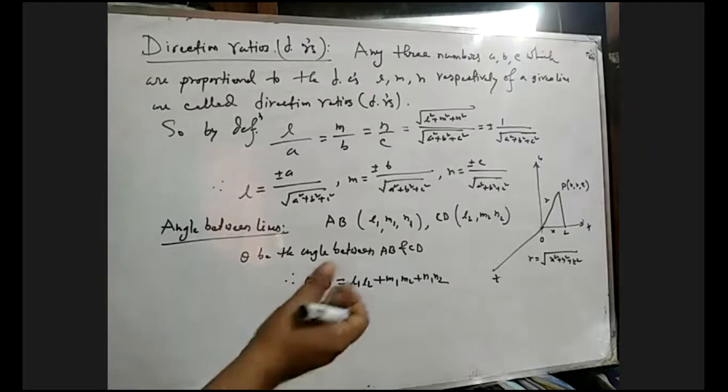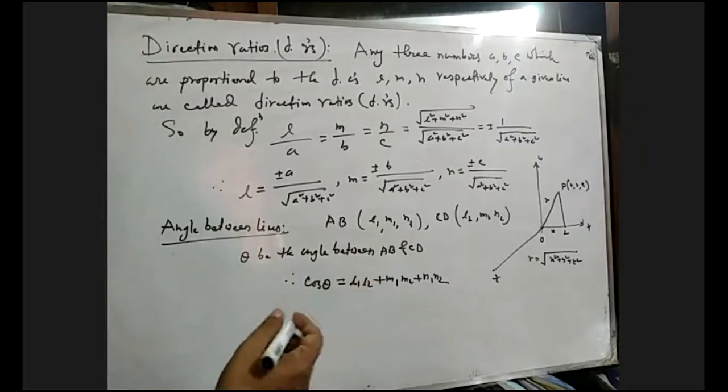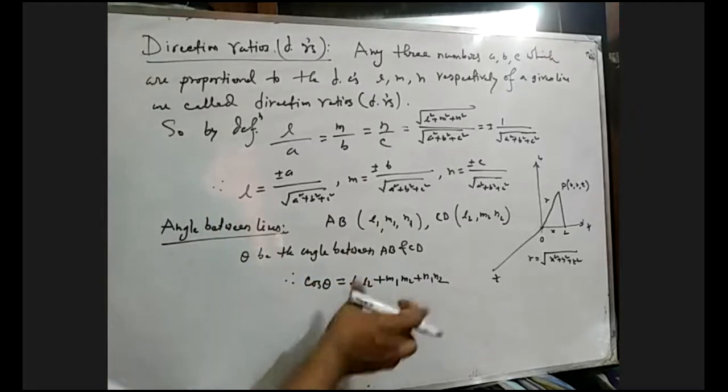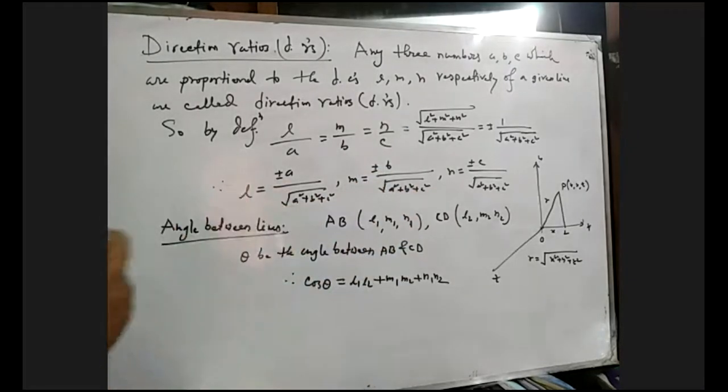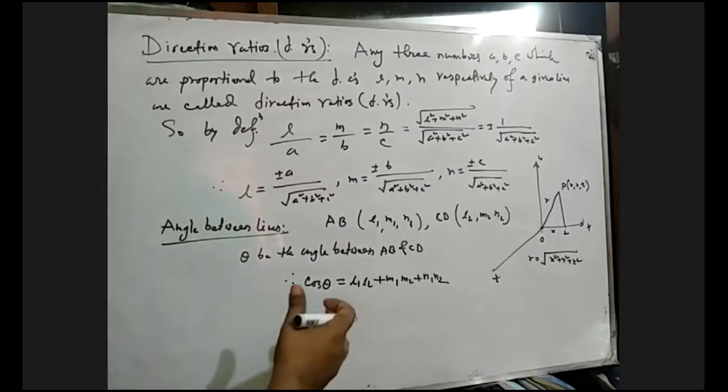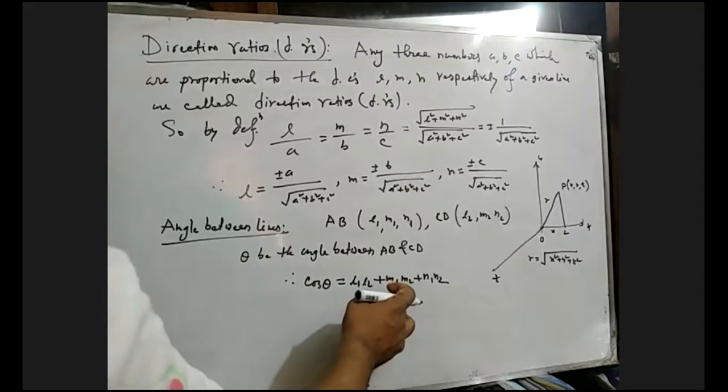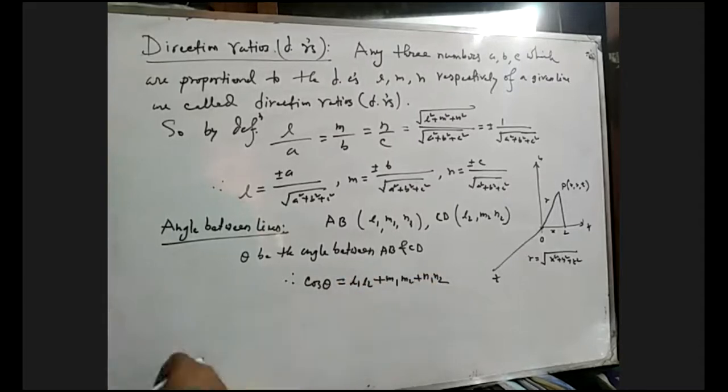This is another formula for finding the angle between two lines, if direction cosines are given. Remember it.